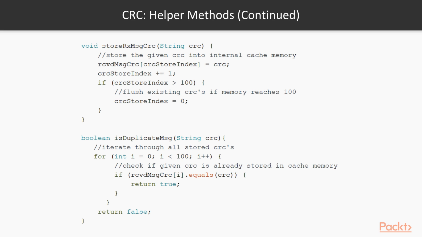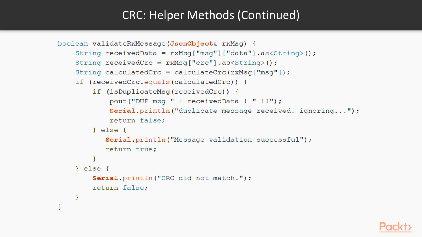Then the very important method for this CRC is validateReceivedMessage, which extracts the received CRC, calculates the CRC of the given message, and compares both of them. If they both match, it means that the content of the message sent from the sending node is exactly the same as that received on this node.